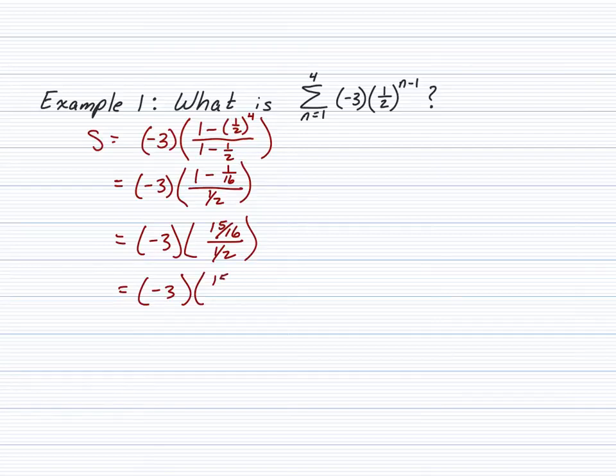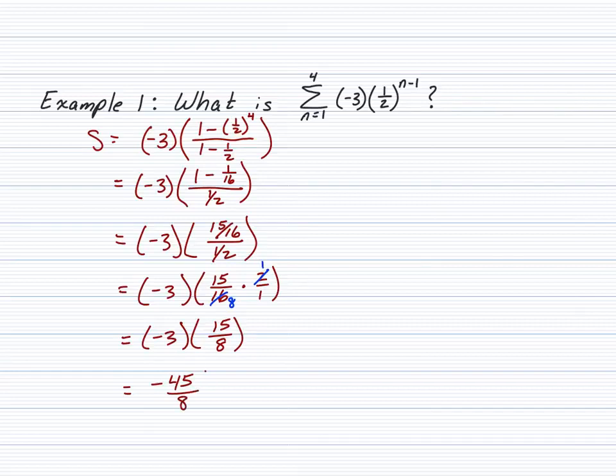And when you divide by a fraction, you multiply by its reciprocal. Now the 2 and the 16, those can reduce, and that's going to give us negative 3 times 15 over 8, which is negative 45 over 8. That would be our sum for this particular series.